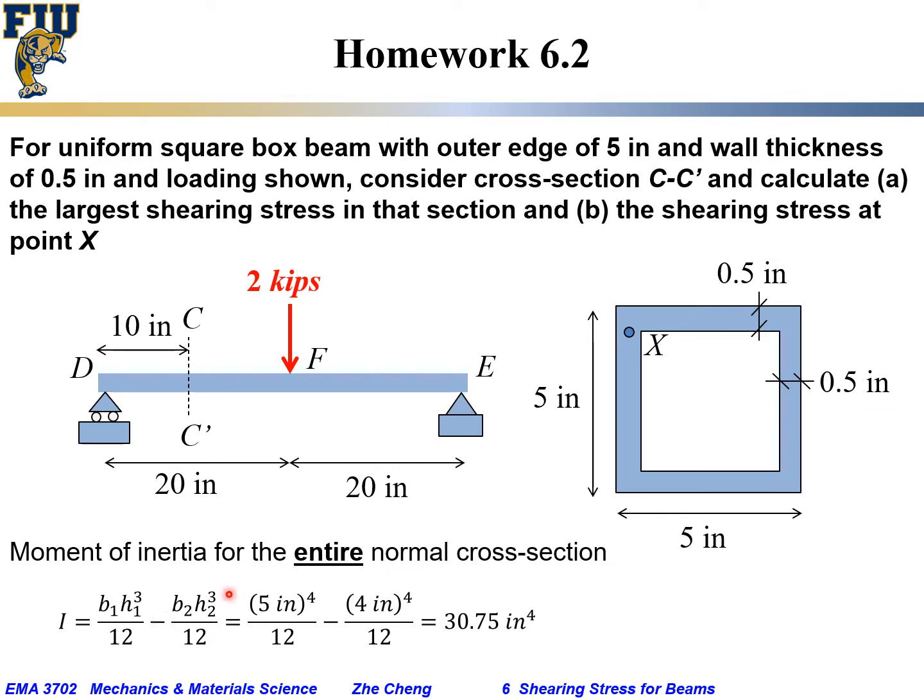And here, because it's a square cross section with uniform wall thickness, for outer, it would be just 5 inch to the power of 4. For the inner, it would be 5 minus 0.5 minus 0.5, it will be 4 inch to the power of 4. And plug the number in, you get the moment of inertia for the entire normal cross section would be 30.75 inch to the power of 4.